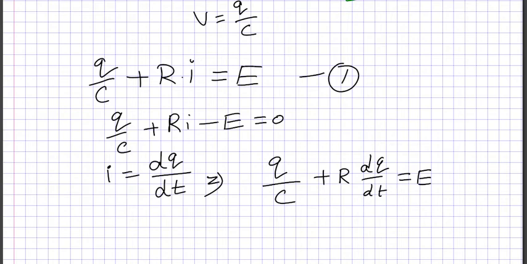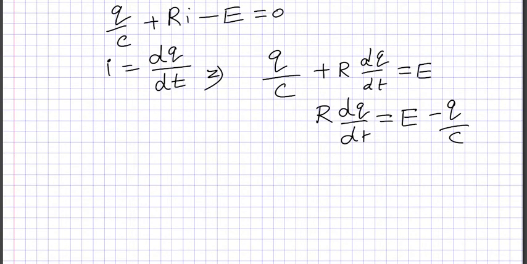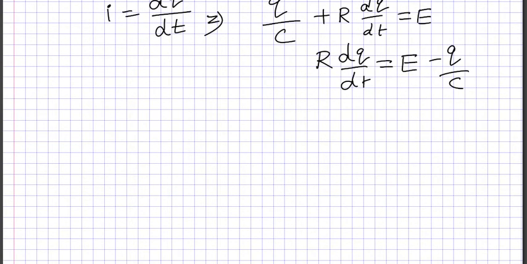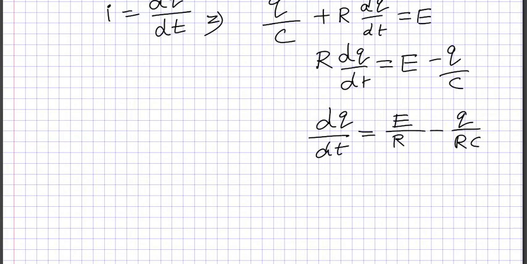Let us rewrite this equation. So R into dq by dt is equal to E minus q by C, or dq by dt is equal to E by R minus q by RC.